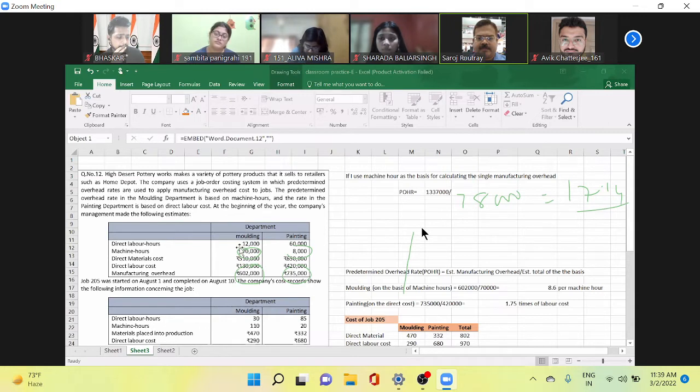So this is also a POHR. You cannot say that this is wrong, but if you apply this, it will have some impact on cost calculation. Let us see that impact. Here you have taken the basis of machine hour, and the total machine hours in both departments for the job is 130.